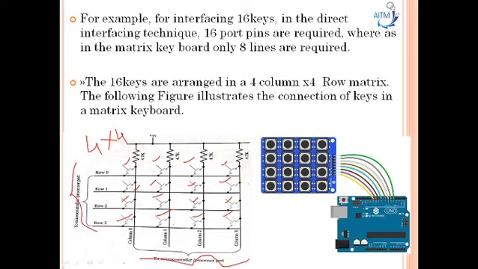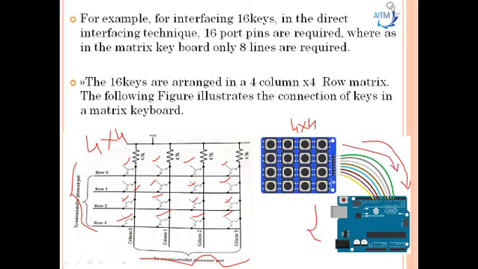So these 4 rows and 4 columns are connected to the microcontroller. Here in this diagram I have taken the Arduino kit. So this is the 4 into 4 keyboard matrix, and this keyboard matrix is connected to the Arduino kit.